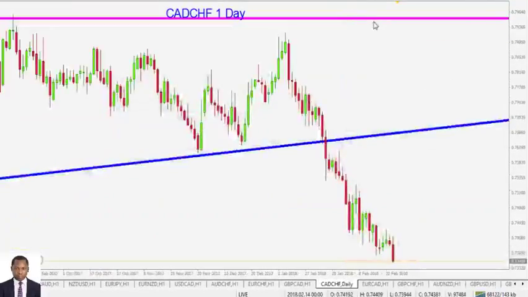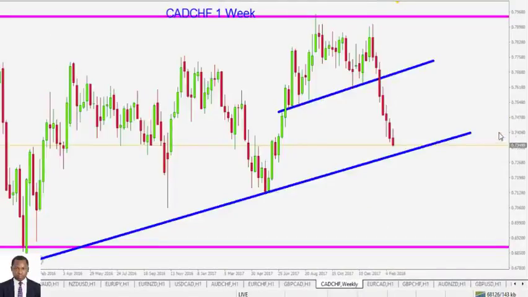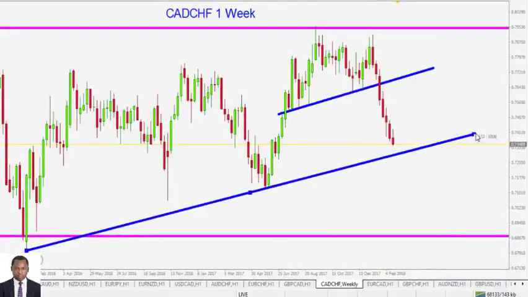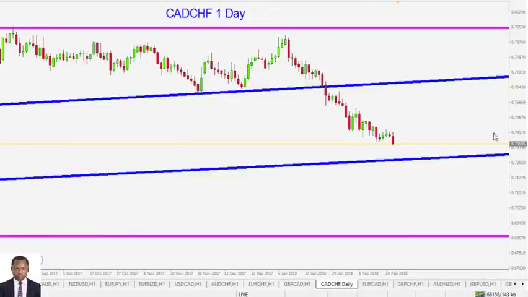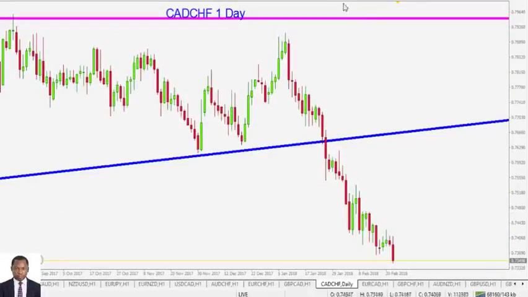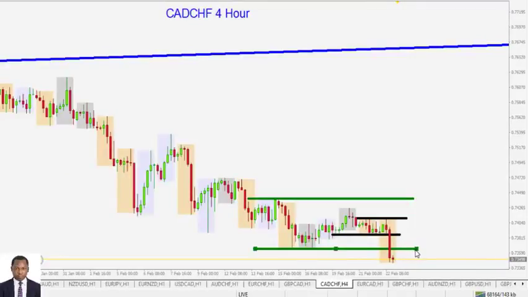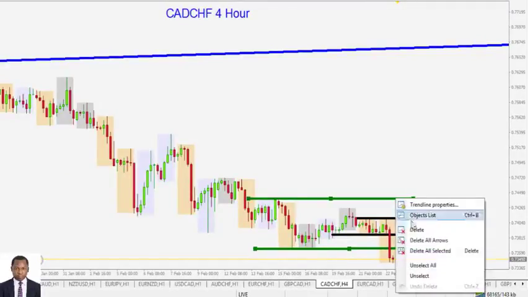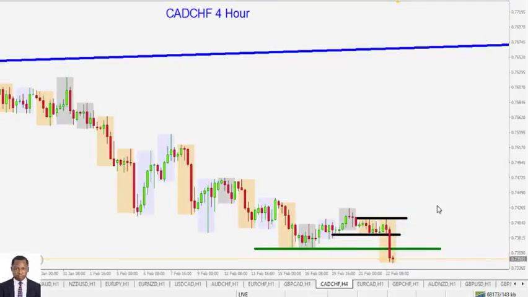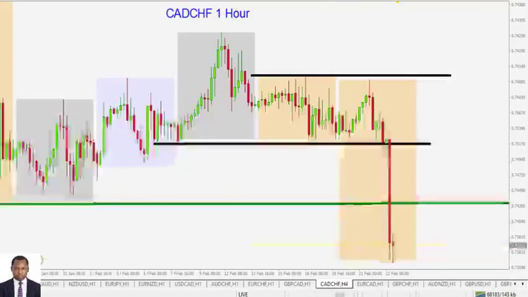Canadian dollar against the Swiss franc. It seems Swiss franc is taking the lead for today. Also likely going to see a potential bounce off that area. Canadian dollar is the biggest loser.